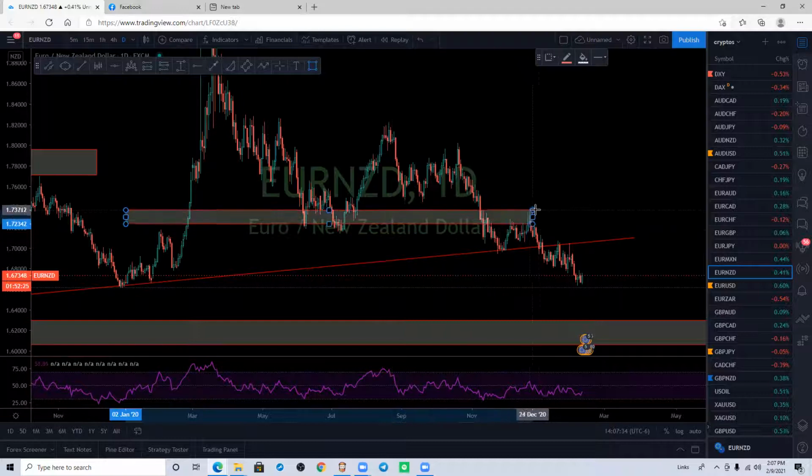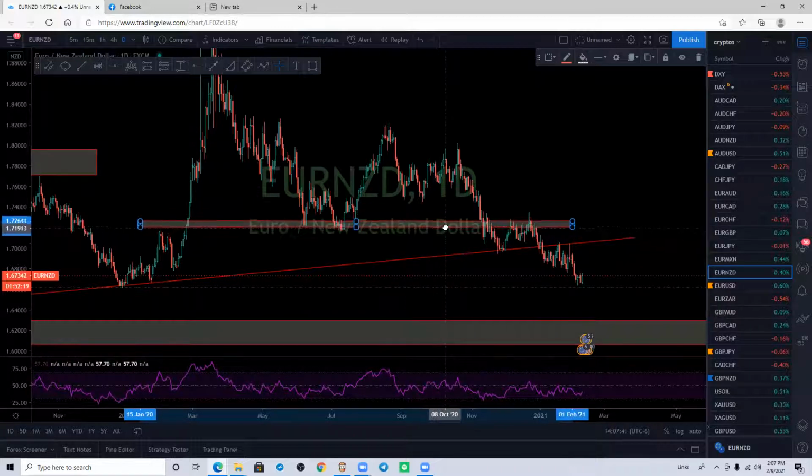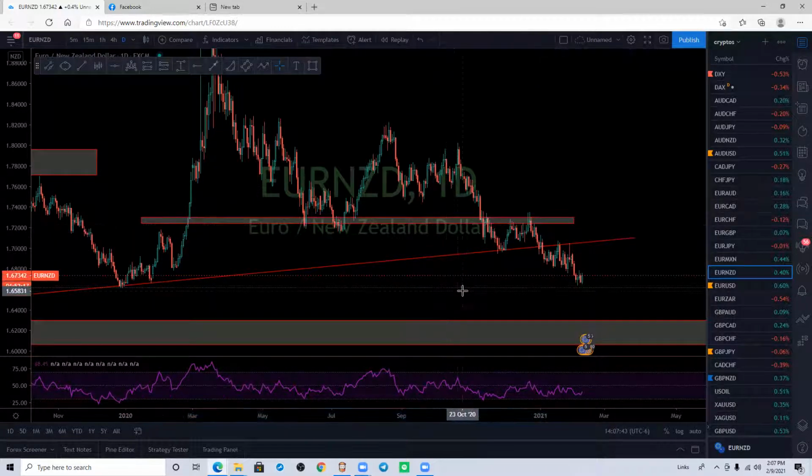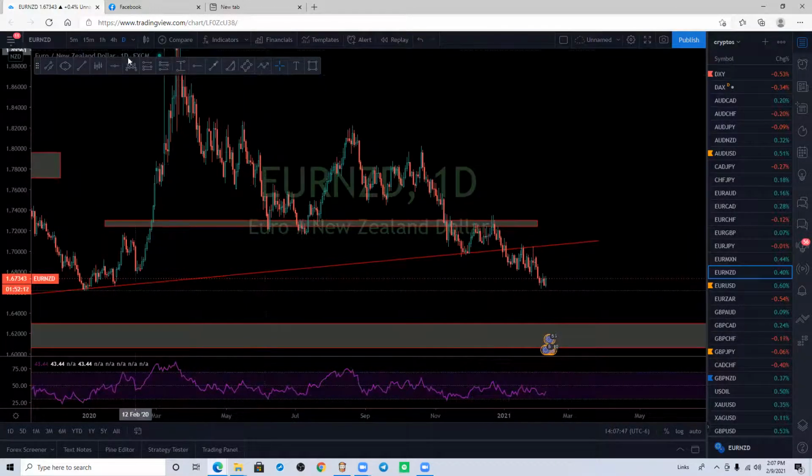Zones and trends are everywhere. When you use them in confluence, they have more power together.